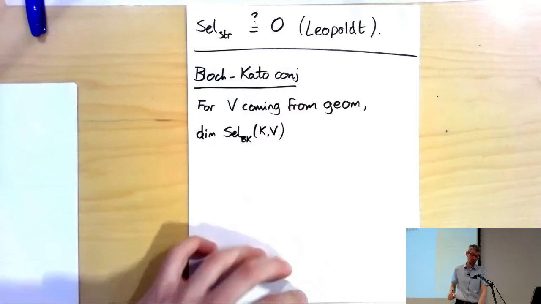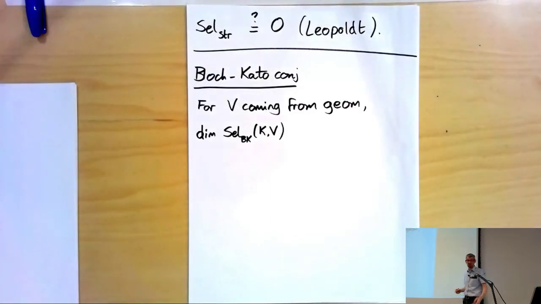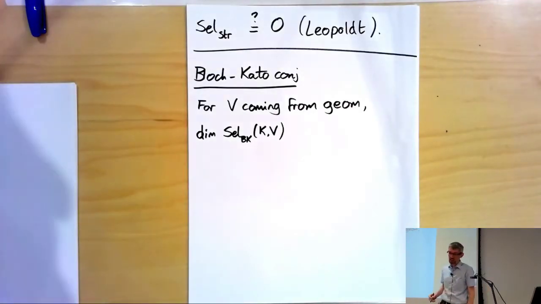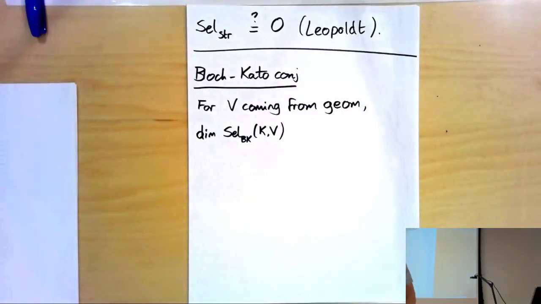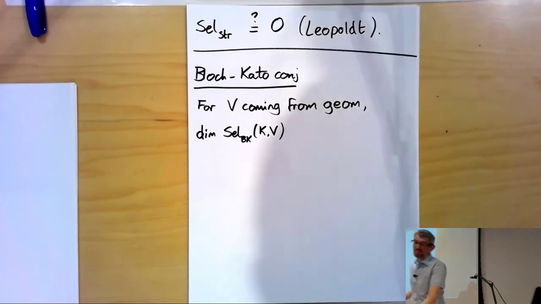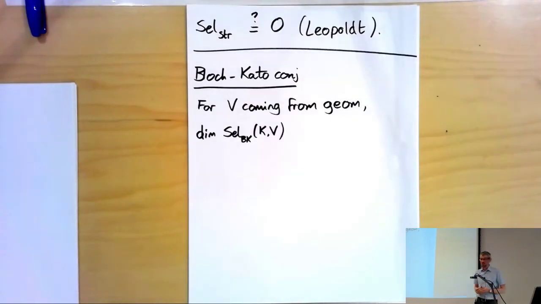If you take the dimension of this Selmer group, which is known to be finite, I should maybe have pointed that out. So these are E-vector spaces, and the theorem due to Tate is that these are finite dimensional.